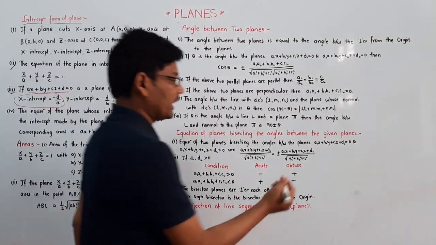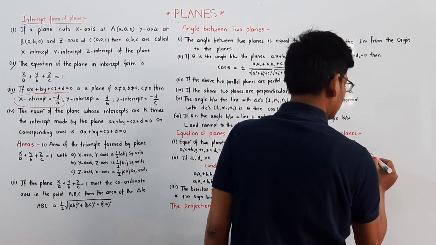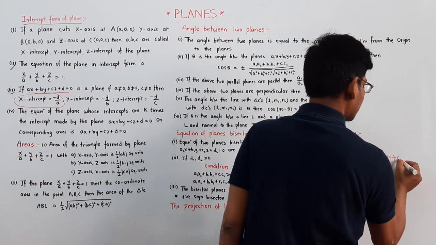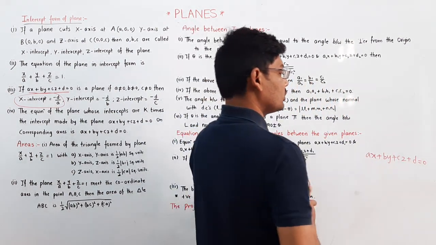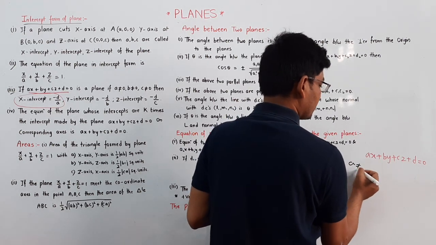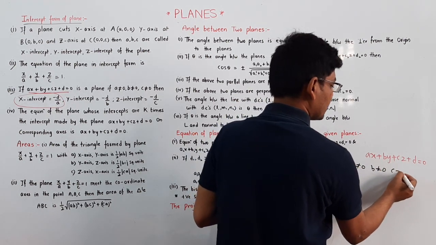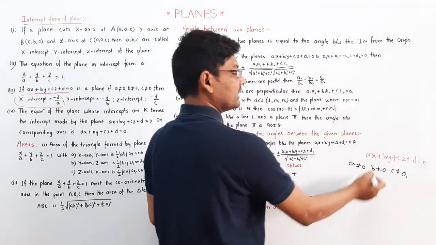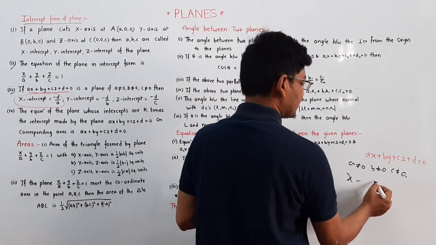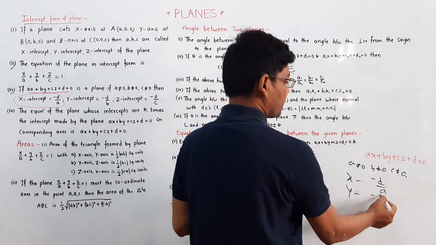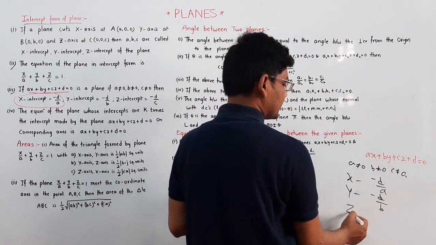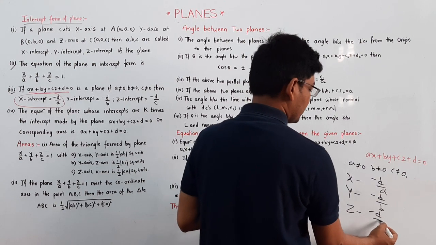Now take the plane ax plus by plus cz plus d is equal to 0, where a is not equal to 0, b is not equal to 0 and c is not equal to 0. Then the intercept on the x axis is minus d by a, the intercept on the y axis is minus d by b and the intercept on the z axis is minus d by c.